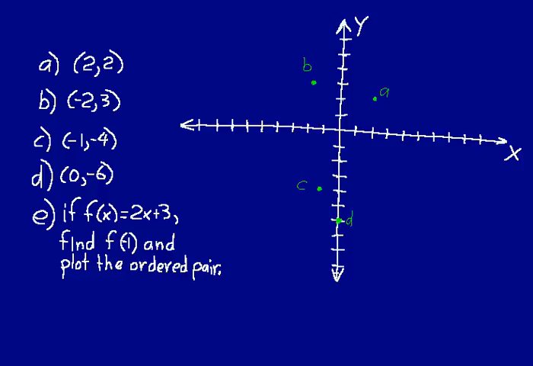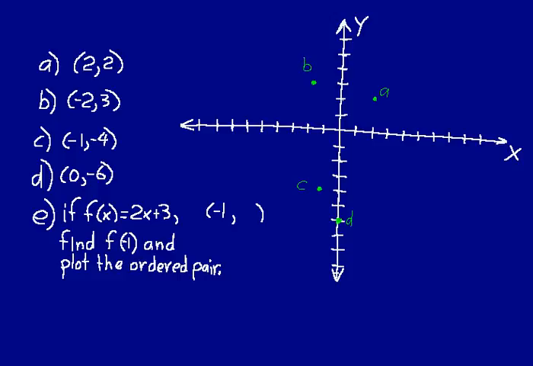Now our last problem says if f of x equals 2x plus 3, find f of -1 and plot the ordered pair. So in that ordered pair, let's think about this. We're going to have x comma y. I'll put some parentheses and a comma. We know what x is. It's -1 because we're trying to find f of -1.